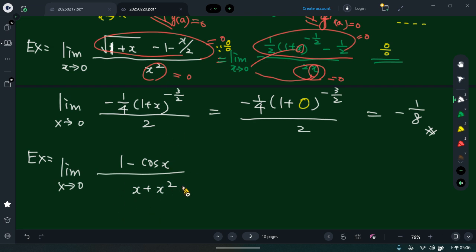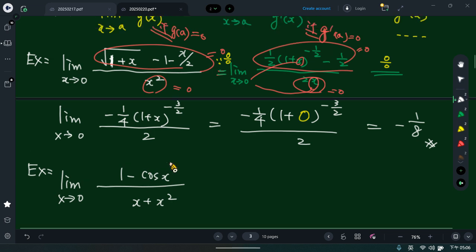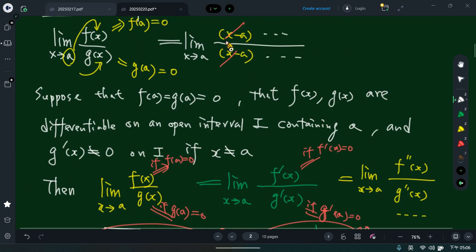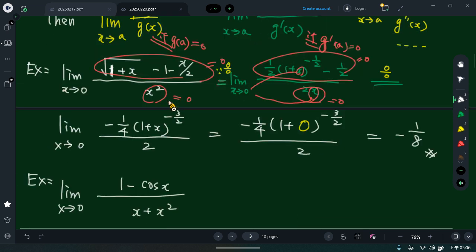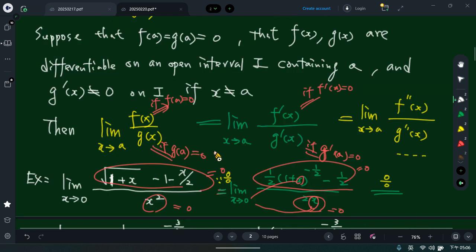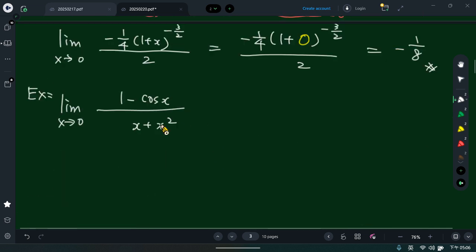But this is not a polynomial function, so you cannot factorize it as having an x factor. So in this case, you cannot do it this way, right? This example also, it's not easy for you to factorize it. So in this case, we still can apply L'Hopital's rule.